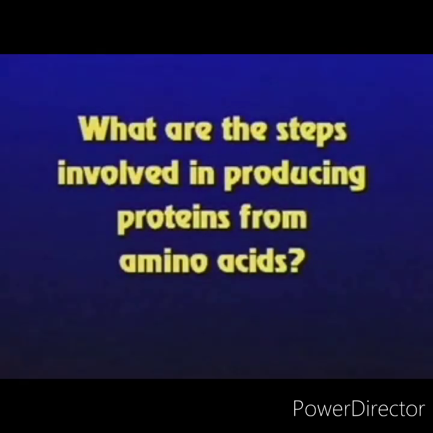What are the steps involved in producing proteins from amino acids? Well, the way typically these experiments are done, you do an experiment, you produce a glycine, an alanine, and a few other amino acids that we know exist in living systems, in true proteins, for example.